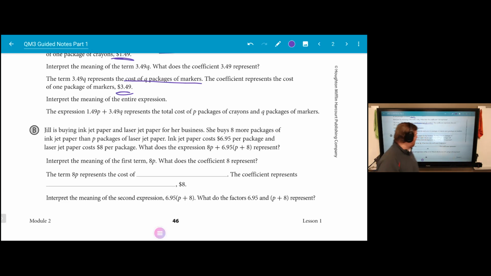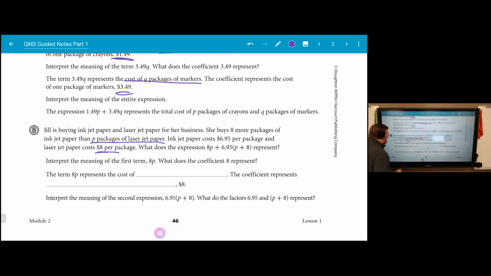That's weird. Why? Okay. Let's look at the first term. We've got 8p. And then what does the coefficient 8 represent? 8p is the total cost of, well, what's p mean? Laserjet paper. And laserjet paper costs $8 per package.